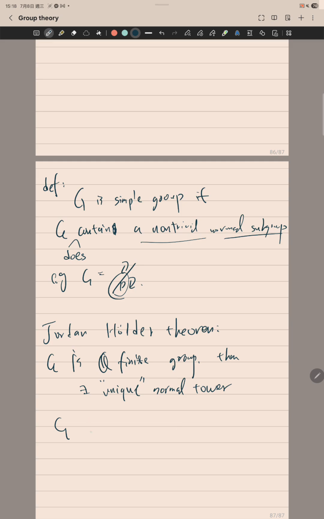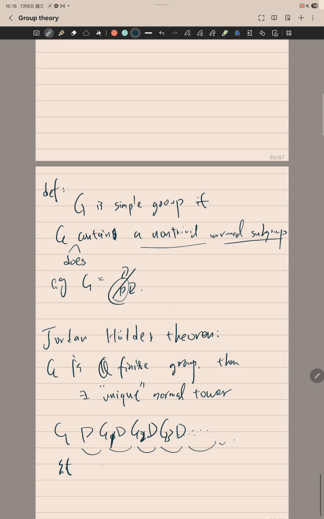So every finite group has this kind of normal tower, where each is normal, such that the quotient between each one is simple.